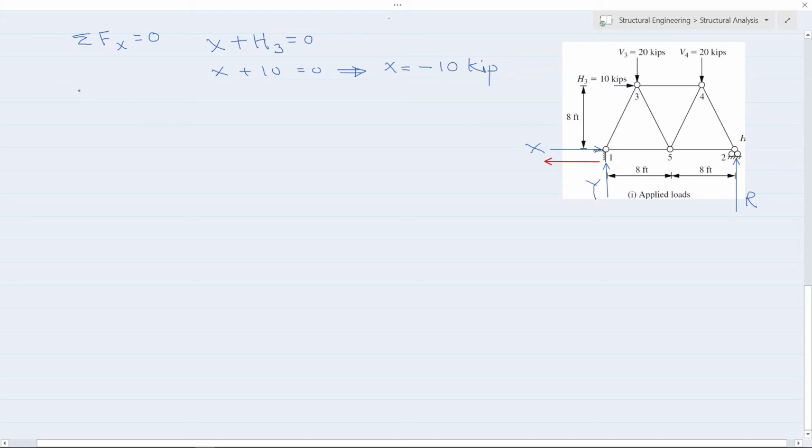Now we can apply the second equation, sigma Fy equals to 0. In the y direction we can see that there are two forces acting upward. That means Y plus R will be equals to the 2 downward forces, 20 here and 20 here. That means 20 plus 20, which is equal to 40 kip. So the equation becomes Y plus R is equals to 40.